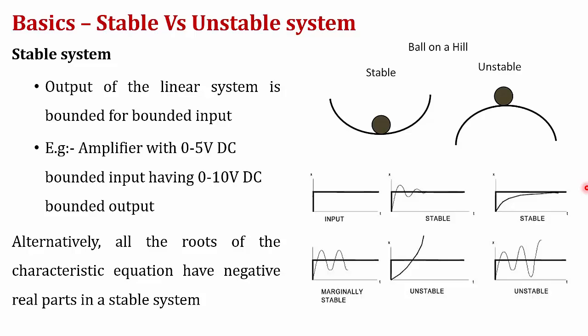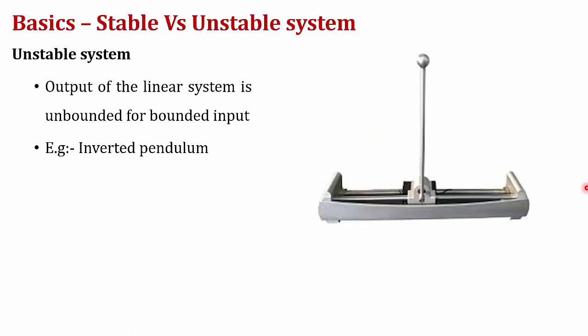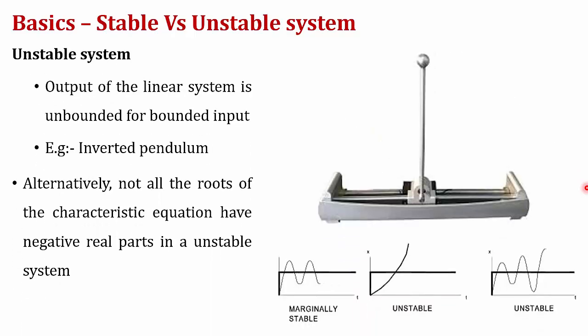That is said to be the unstable system. The best example is the inverted pendulum. If there is a change in the displacement of the inverted pendulum, the output moves drastically. We know that the output of an unstable linear system is unbounded for a bounded input. That is said to be an unstable system.